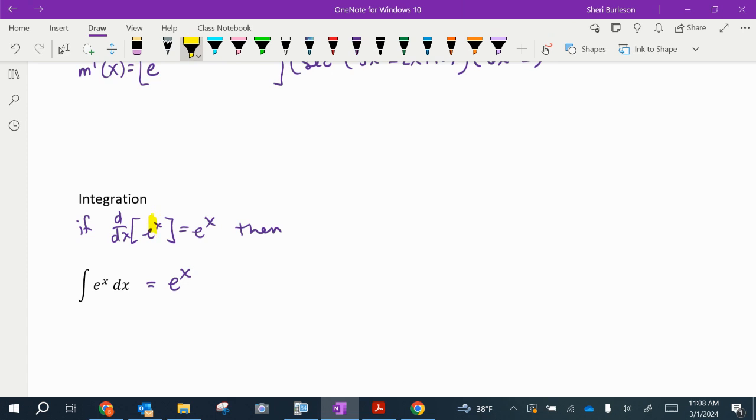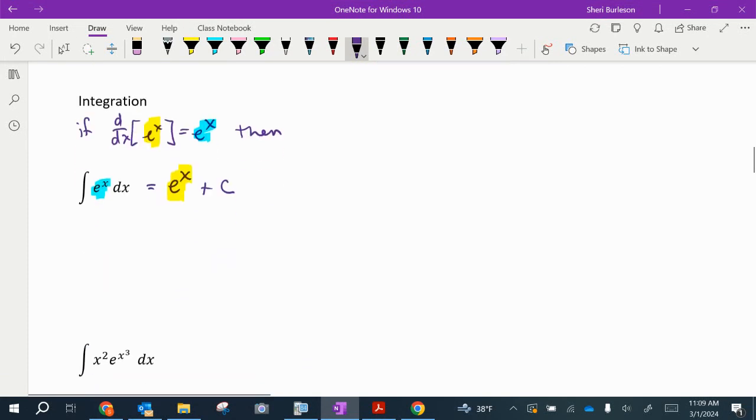If this is the function and this is its derivative, when we are integrating the derivative, we should get the original function plus c. So if differentiating e to the x is an easy derivative, then integrating should also be relatively simple.